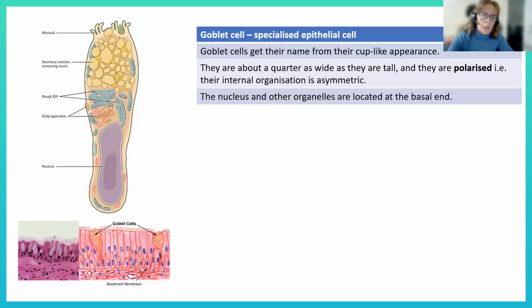It's all bunched down one end. So the nucleus and the other organelles are located at the basal end. That's the bottom end. So they're all down here. So we can see the Golgi here. We can see the endoplasmic reticulum that we talked about last time. And we can see the nucleus here.